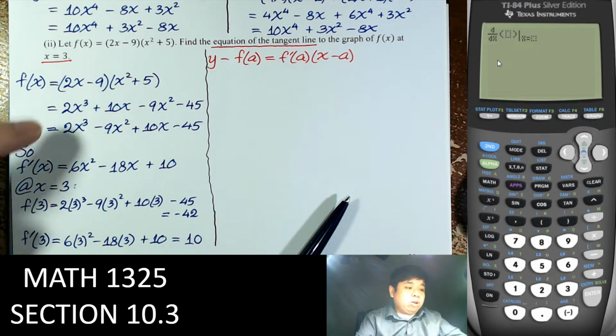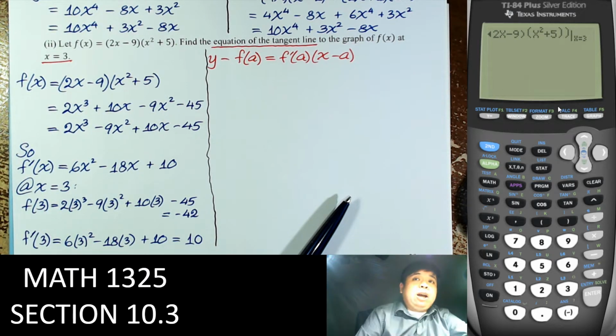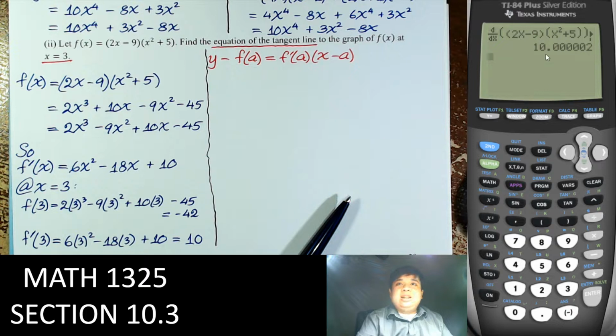And then the function, I'm going to put the original, 2x minus 9 times x squared plus 5. We take the derivative of the function when x equals 3. Remember, the calculator will not find the derivative for you, but it will calculate the derivative at a point. And we have 10. Of course, there's some error there, but still 10.